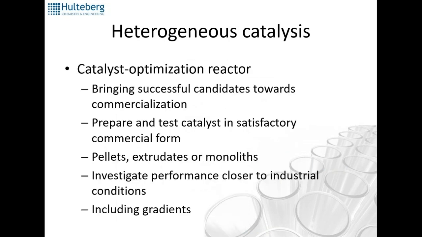In the catalyst optimization reactor, we bring successful candidates towards commercialization. We prepare and we test catalysts in a satisfactory commercial form, like pellets, extrudates, or monoliths. And we investigate the performance closer to industrial conditions. And here we actually do want the gradients to understand what happens in the reactor after scaling up into a larger reactor.